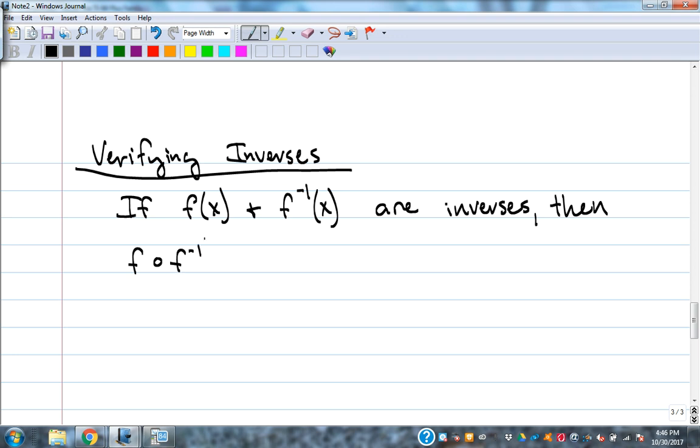This is why they're together in this chapter. If you do function composition of two functions and they are inverses of each other, once you've simplified that function composition, you get x, no matter which direction you do that.